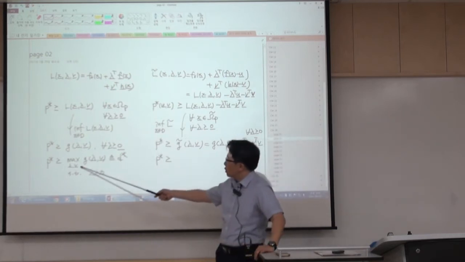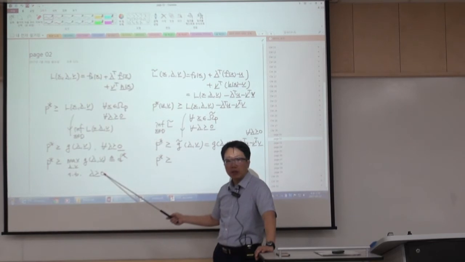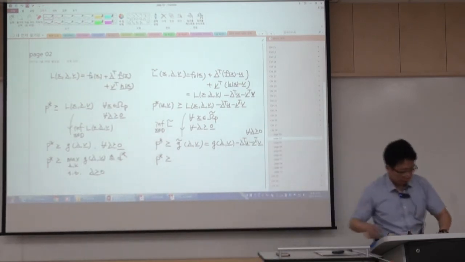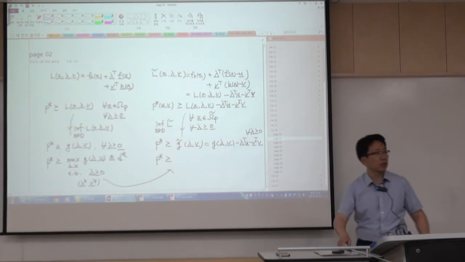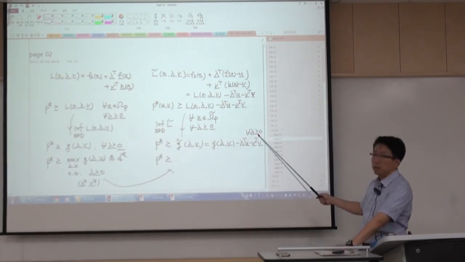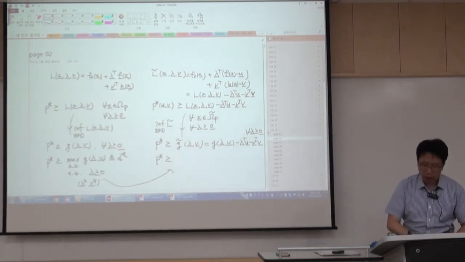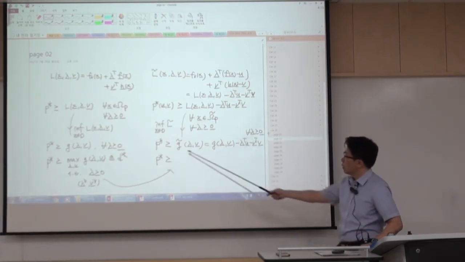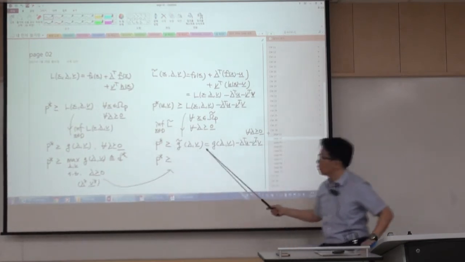Here, suppose the optimal solution to the unperturbed dual is lambda star, nu star. You plug in here. Got it? Since this holds for all lambda non-negative and nu, this inequality still holds if you plug in these two here.